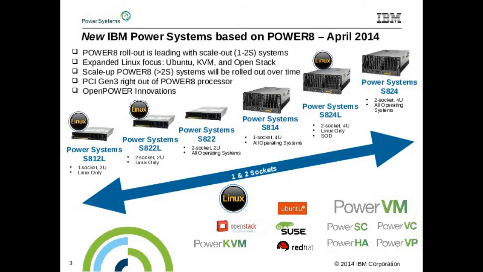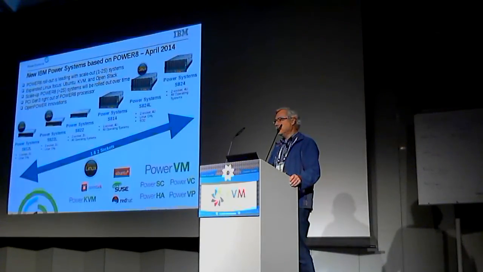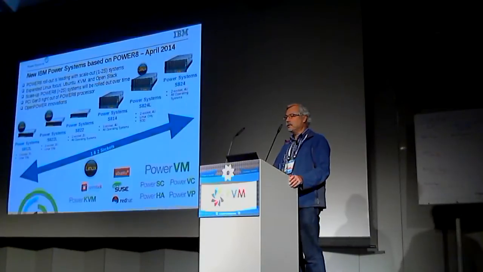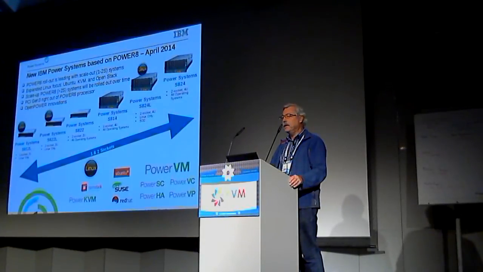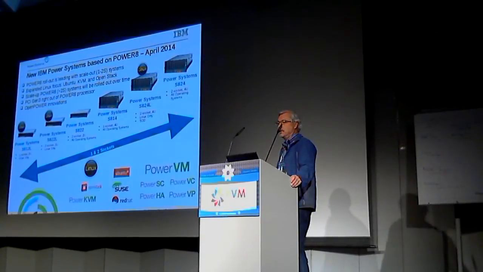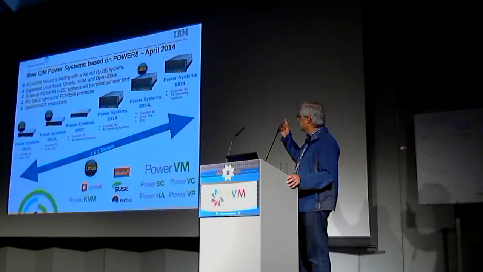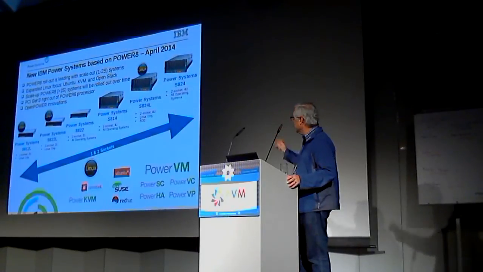So I'm not going to talk in much detail about the technical details of KVM on POWER8. I've covered that in previous talks at this forum and elsewhere. But what I'd like to start with is talking about the POWER8 systems that IBM released in April. And you can see there's 3 of them that have a Linux circle on them.